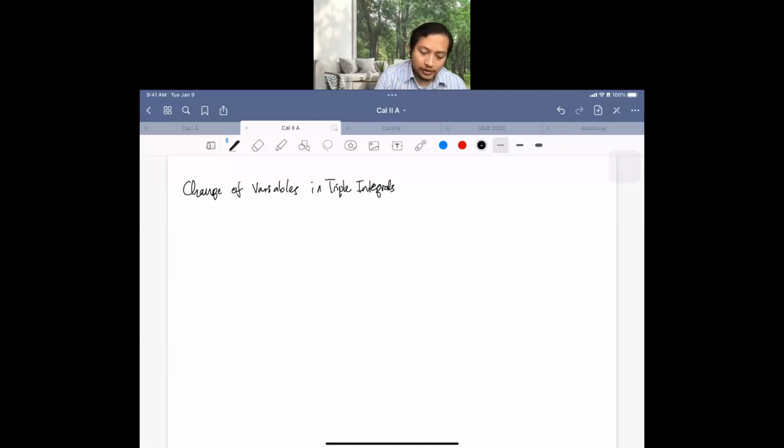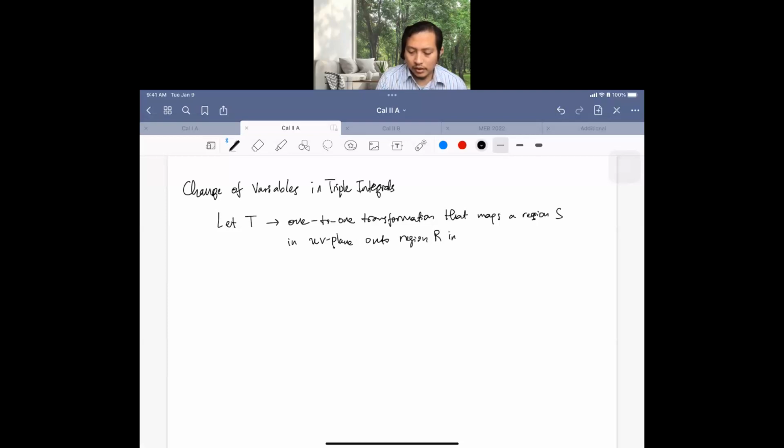That is, the transformation T should be a one-to-one transformation that maps a region S in UVW space onto region R in XYZ space. Sorry, not UV, it should be UVW space.